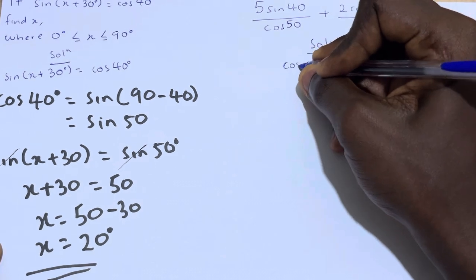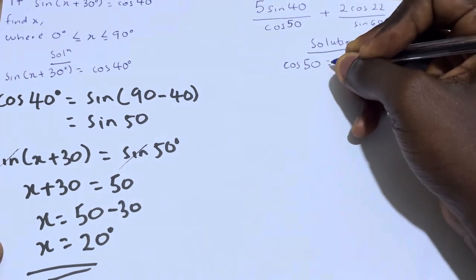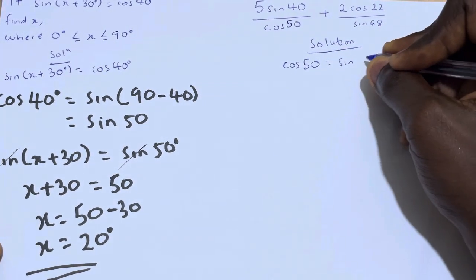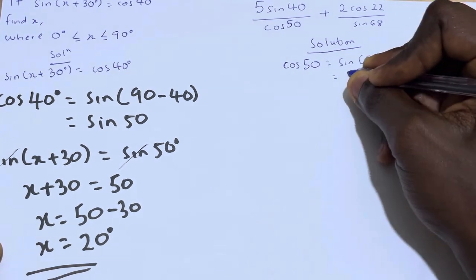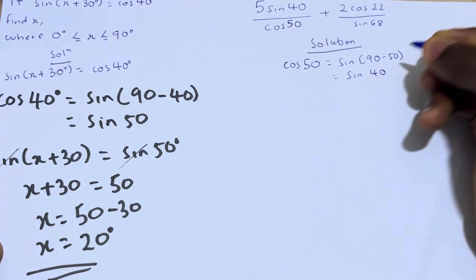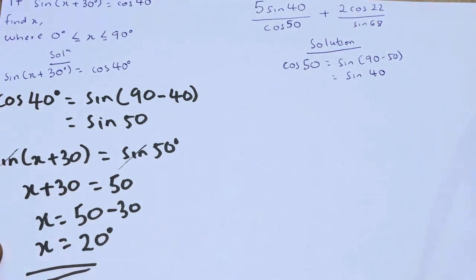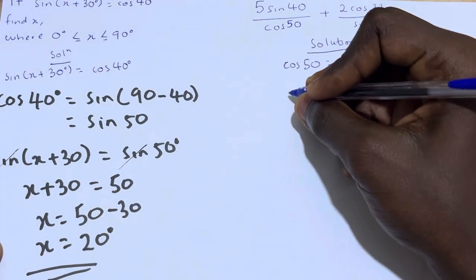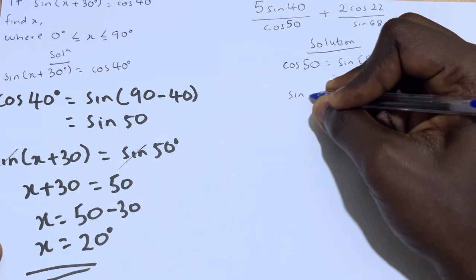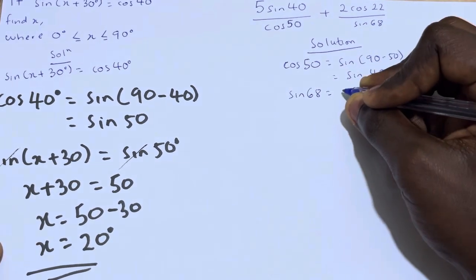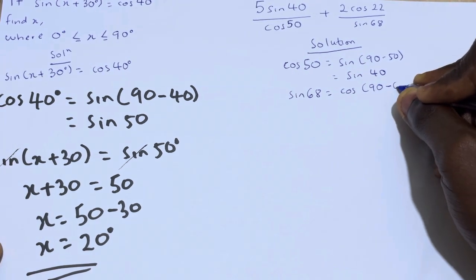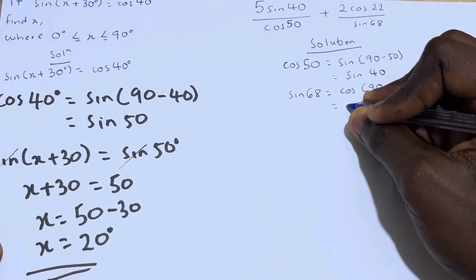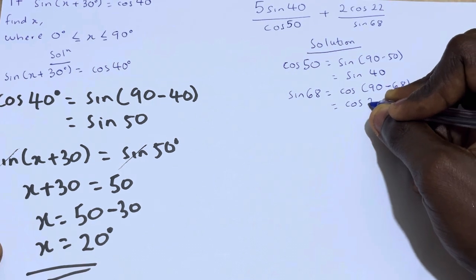So cos 50 equals sine of 90 minus 50. This equals sine 40. We are changing this sine to cos. So sine 68 equals cos of 90 minus 68. So we have this to be cos 22.